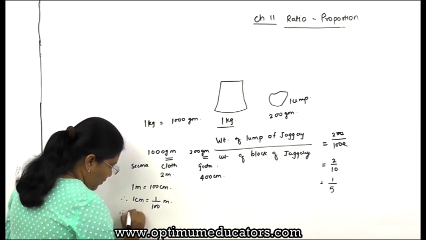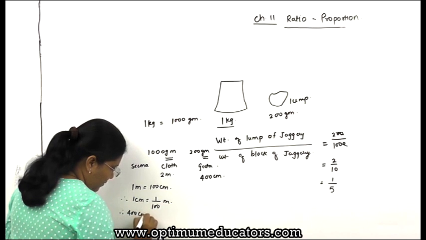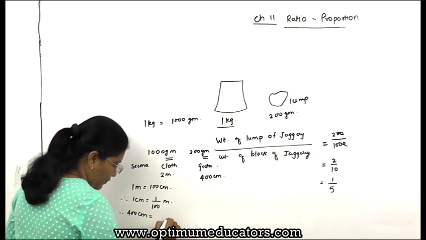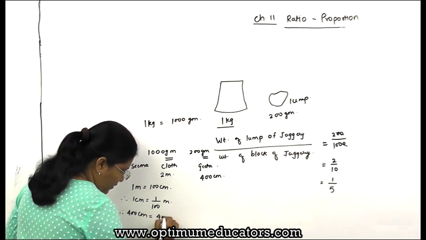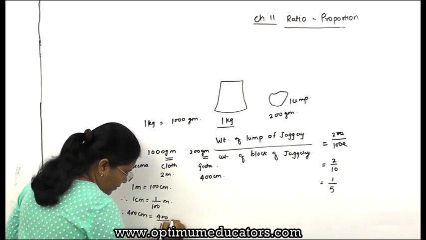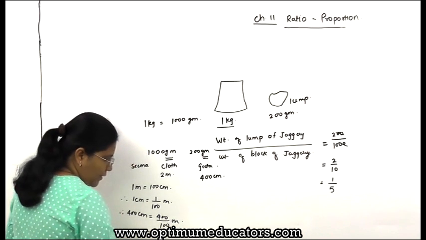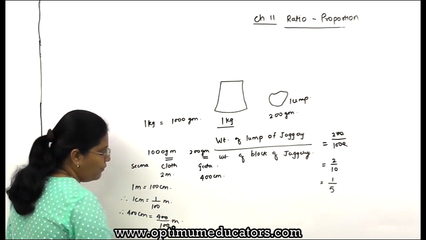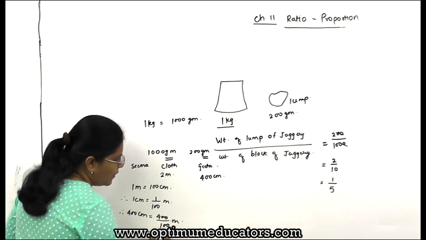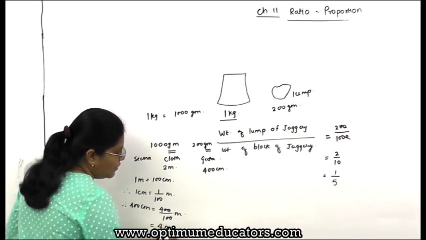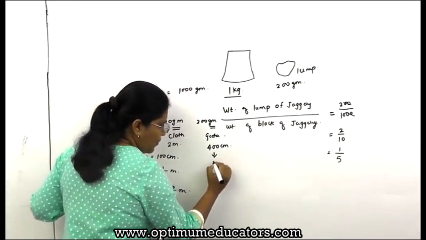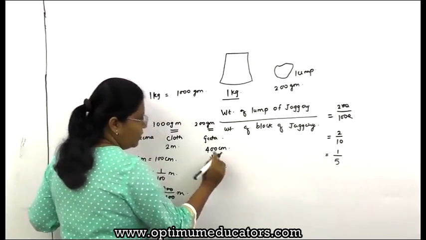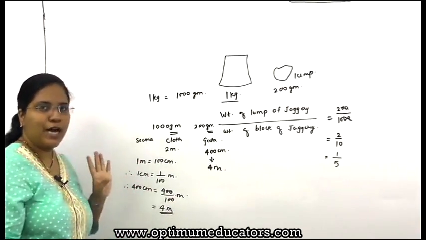Therefore 400 centimeters will be 400 divided by 100 meters, isn't it? So these zeros will go off. 400 centimeters means 4 meters. So I have converted this 400 centimeters into meters.